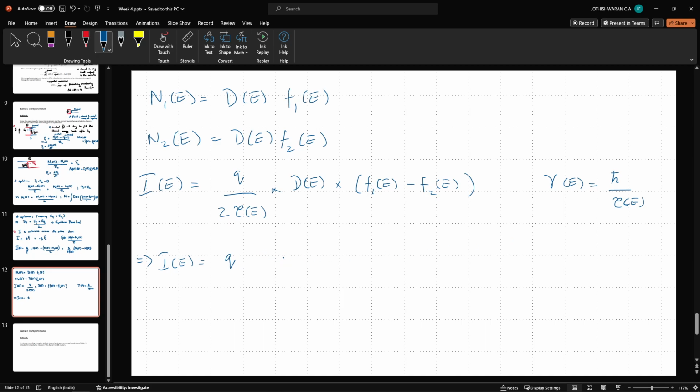So if this is the case, then tau of E is h bar by gamma of E. So this is also true.